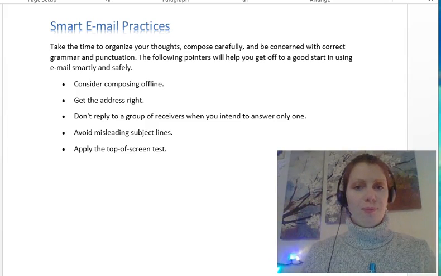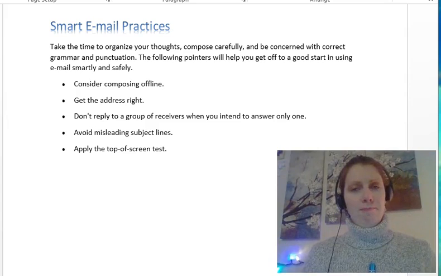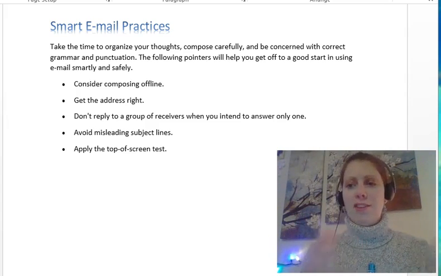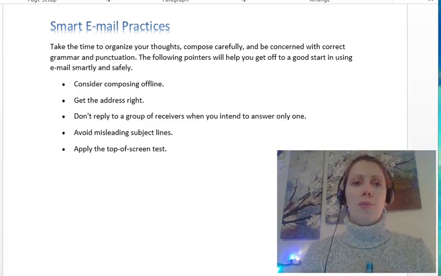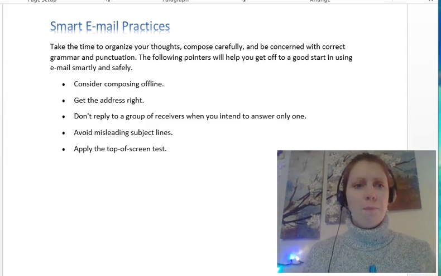So consider composing offline. Don't just open up your emails and start typing and replying to the person. Sometimes you need a moment to think, and this can help with the editing stage.